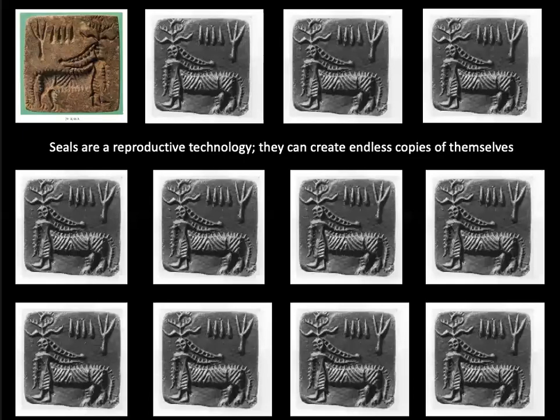One of the truly important aspects of seals in general is the fact that they are a reproductive technology. They have the ability to create endless copies of themselves. So the imagery on the seal itself exists only in one place, but as you stamp it, this imagery can be propagated and distributed throughout the world in a way that a single object cannot, right?